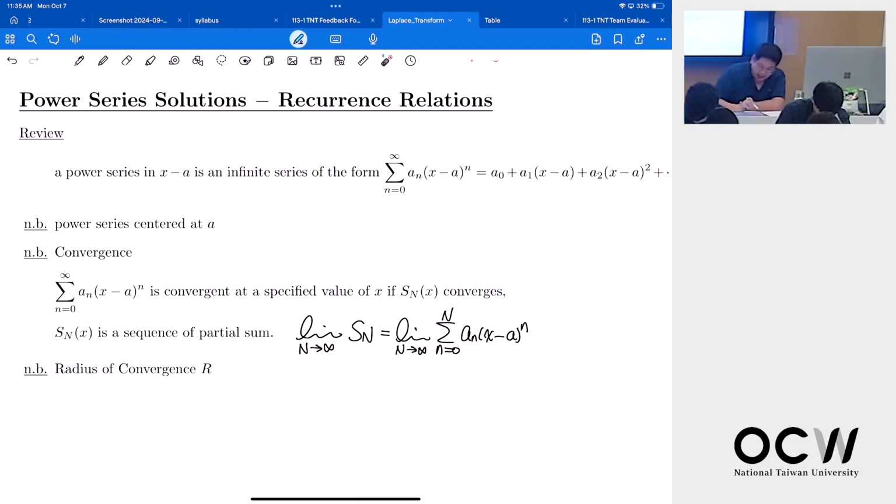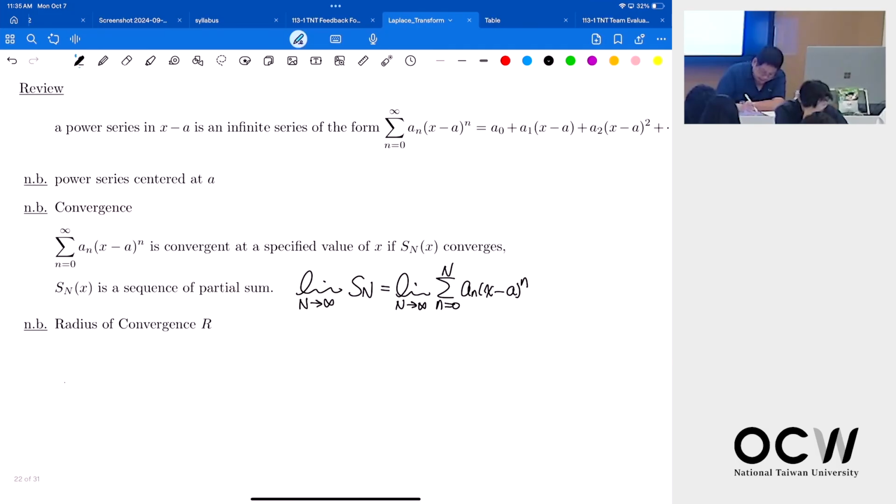And then, since we talk about the convergence, we need to know what the radius of convergence is. The radius r. Here we have a power series centered at a. And this will be a plus r. Here will be a minus r.